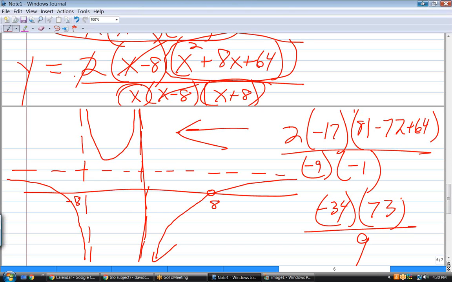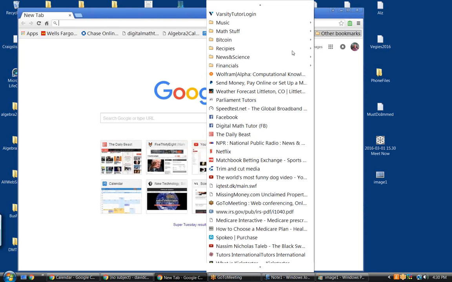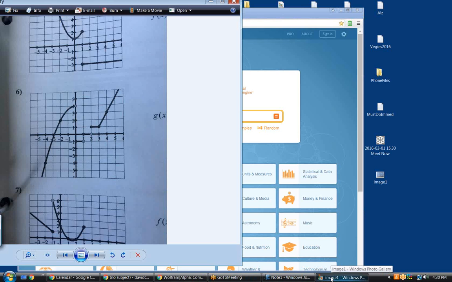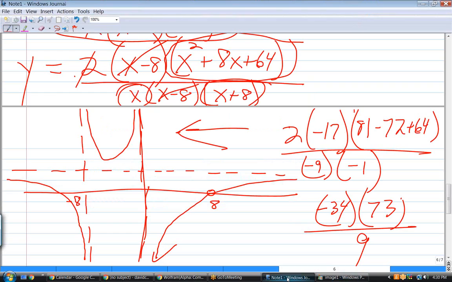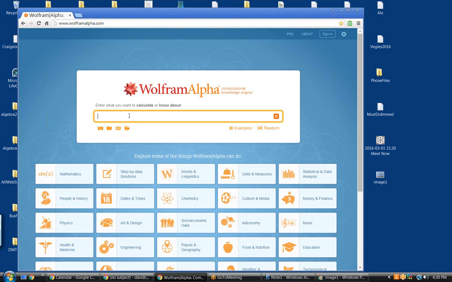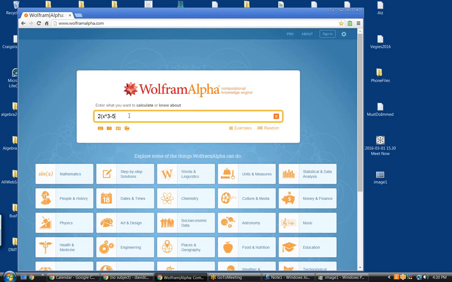I have a 4:30 appointment to go to, but I'm going to be 2 minutes late just so I can graph this thing on Wolfram Alpha, and let's take a look at what it looks like. Let's see how close I am. 2 times x cubed minus 512. 2 times x raised to the 3 minus 512.